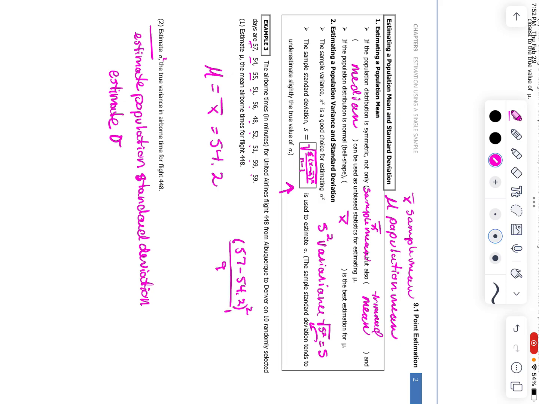Divided by 9. We'd have to add it to the next one, which is 54 minus 54.2, square it, divided by 9, and we would have to keep going until we did that for every single number. That's what the summation is, adding them all up, and then we'd have to take the square root. And it's entirely possible, but it's a lot of work, and that's only 10 numbers.